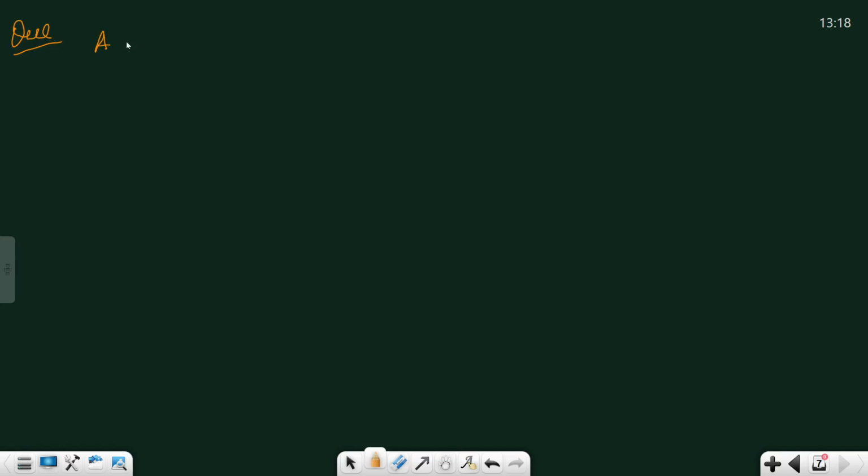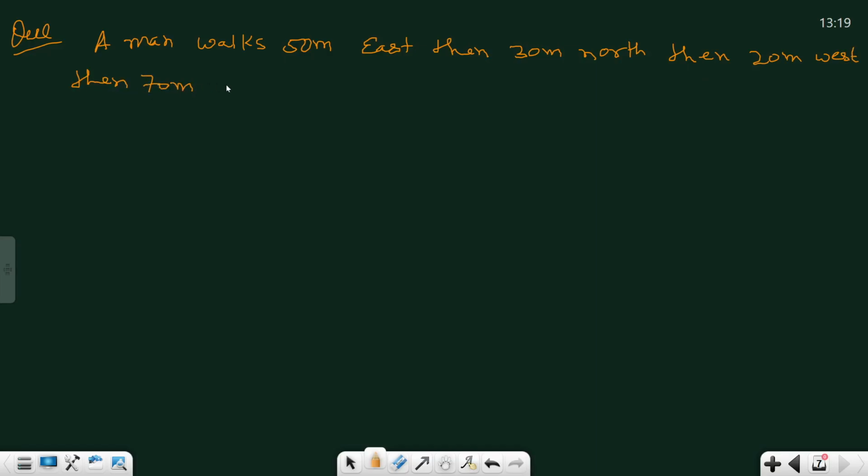A man walks 50 meter east, then 30 meter north, then 20 meter west, then 70 meter south.